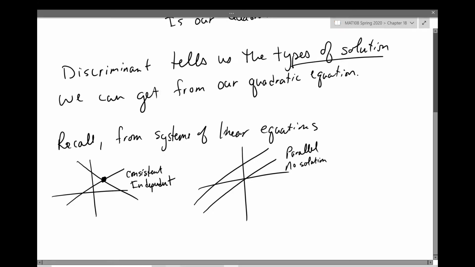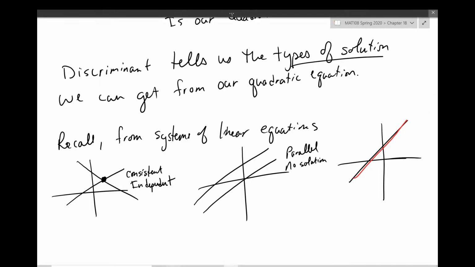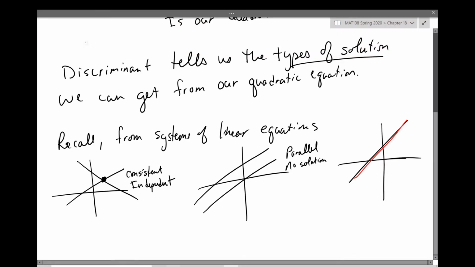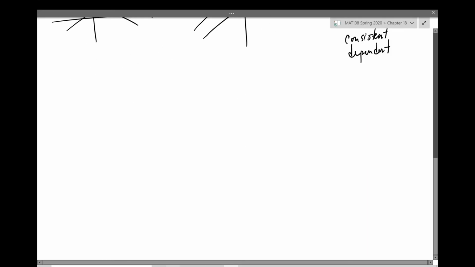And the last type of solution would have been 2 lines that are literally on top of each other, and we said that was still consistent, however it was dependent.